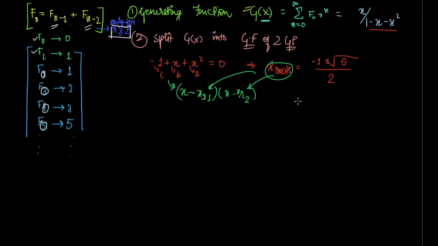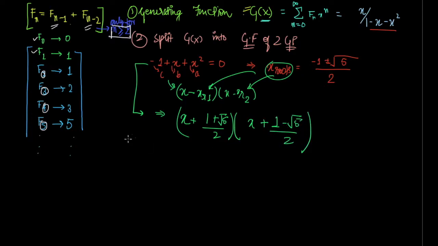Okay, so let's write it explicitly. So this expression therefore can be represented as x minus, what's the first root? Well, that's 1 minus root 5, so that makes it plus. And the other term becomes x minus, well, that's still plus, but there's a negative sign there, and you have by 2. So that's the expression that's appearing in the denominator.